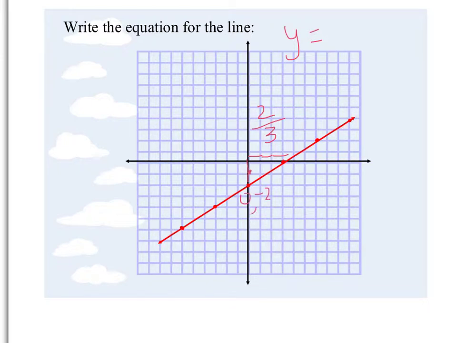And if we were to write that as a point, it's when x is 0 and y is -2. So our equation is y equals 2/3 x plus a y-intercept of -2. You may also see this written instead as y equals 2/3 x minus 2 instead of saying plus -2.